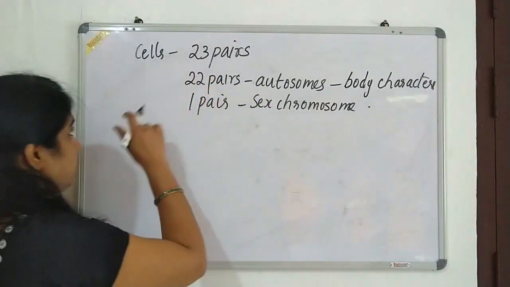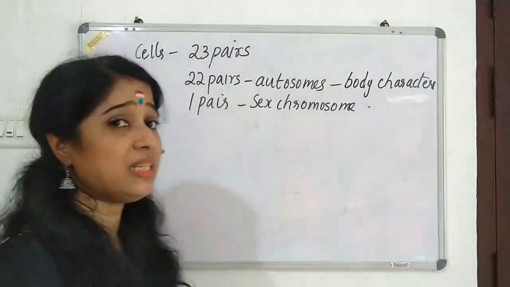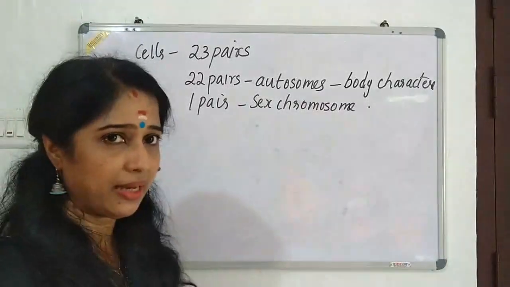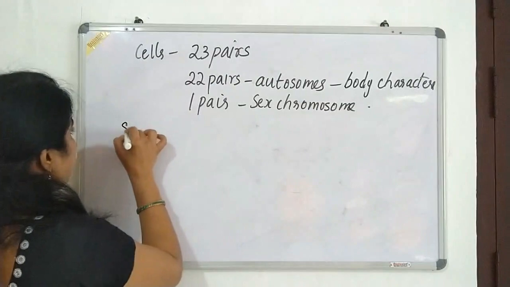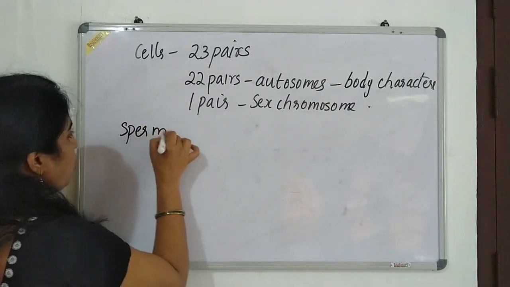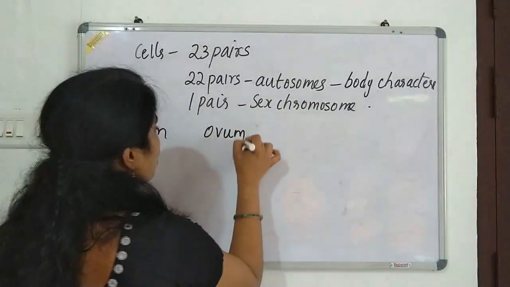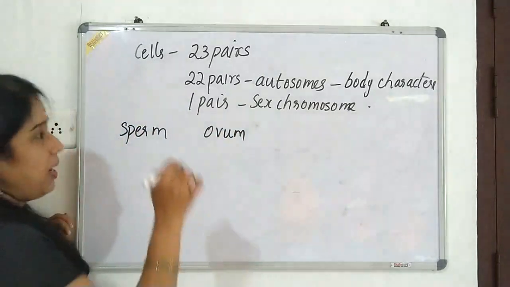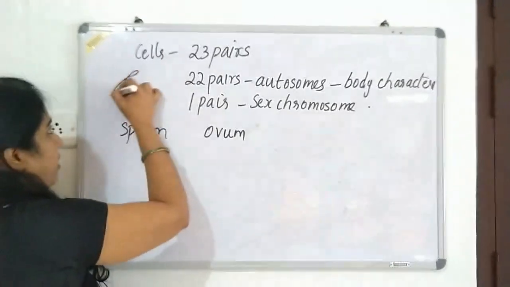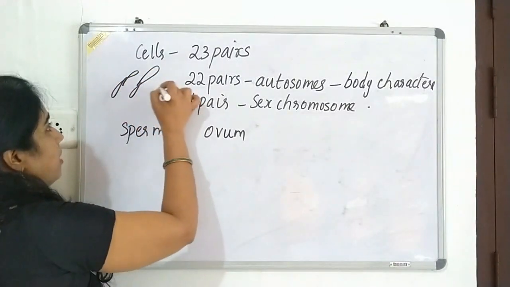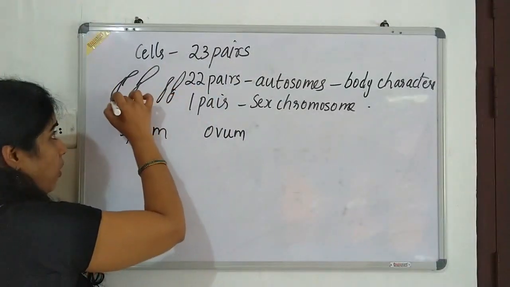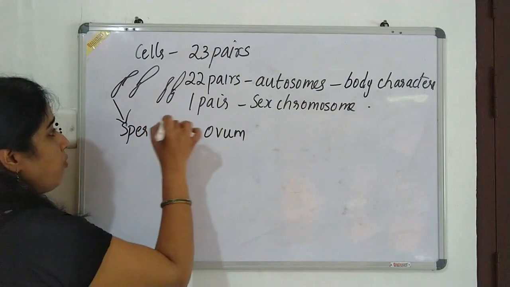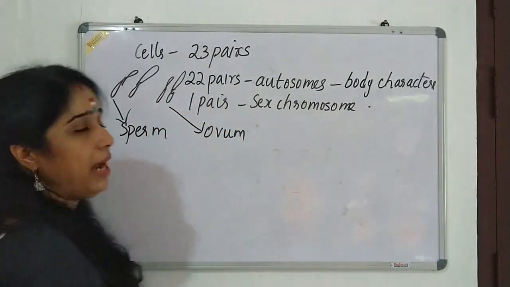As we all know, all the cells in our body have 23 pairs except two cells. Yes, sperm and the ovum. Sperm and the ovum have only what? 23 chromosomes. At the time of gamete formation, as you have already seen, from one pair only one chromosome will move to the gamete.